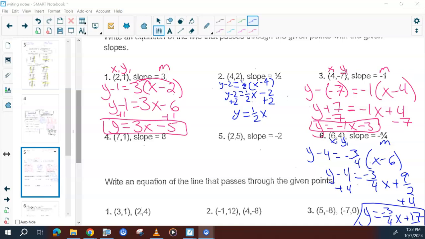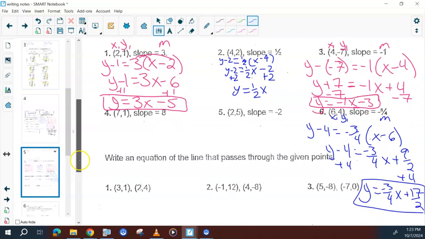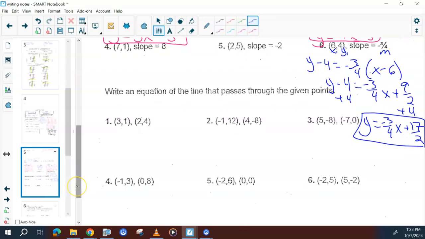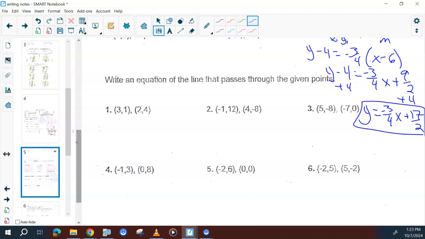Okay, in the bottom section, similar but different. We now have 2 points. So before we can do that process that we were just doing, we have to find the slope first, using your slope formula, y2 minus y1 over x2 minus x1. So we're going to do that first.